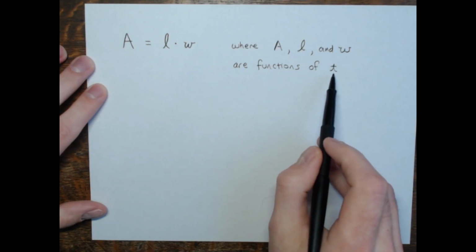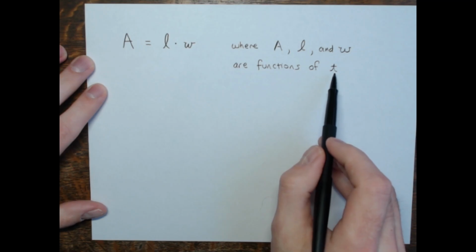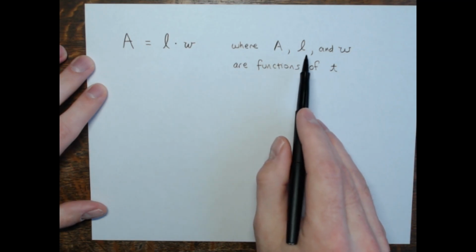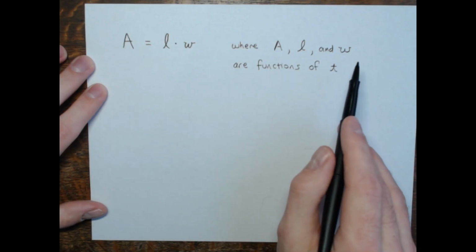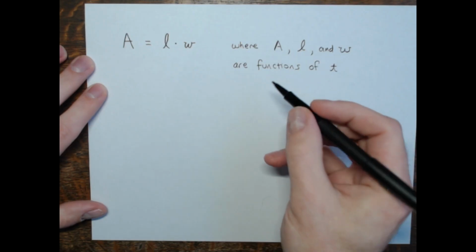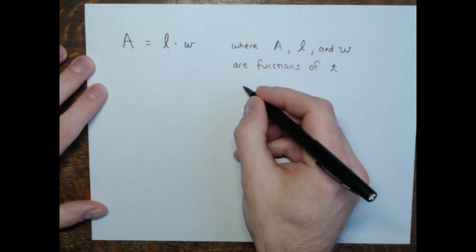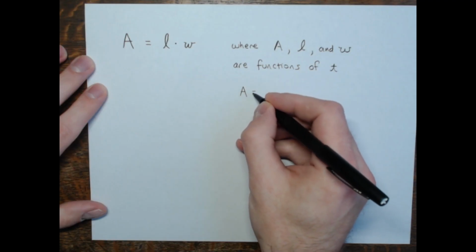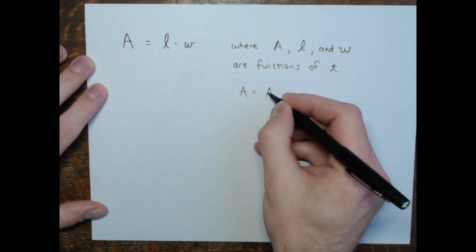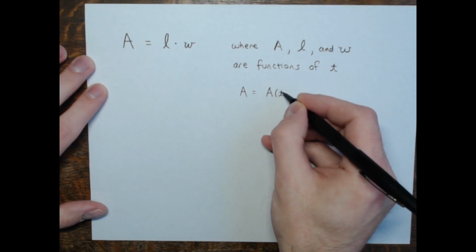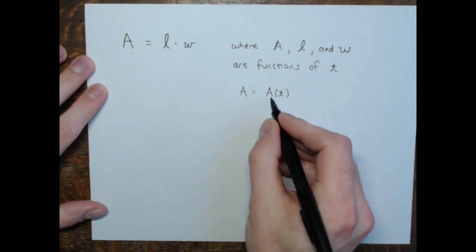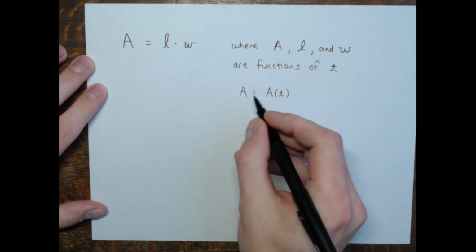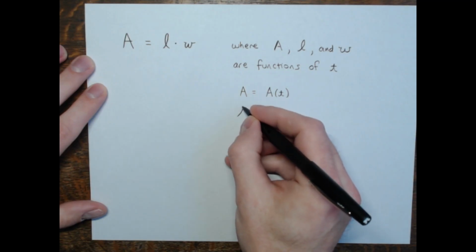So this means that as t changes, A, L, and W will also change. Now, you could go through and replace them all with this kind of notation. A is A of t, some function of t.